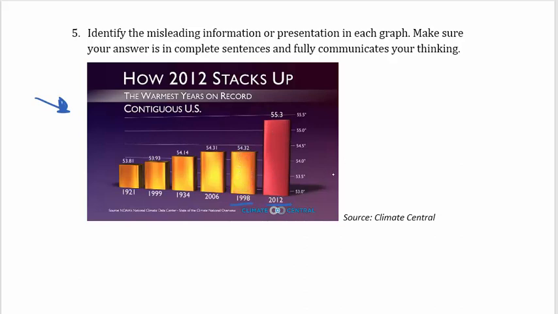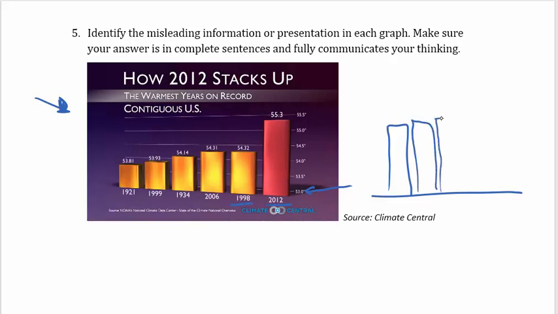And so here's what they're doing. It's called a compressed graph. They're not starting at 0 here. They're starting at 53 degrees. So if we took this graph and looked at it starting at 0, our graph might look like this, with these little increments of change here. And then this one would be just a tiny little bit bigger.